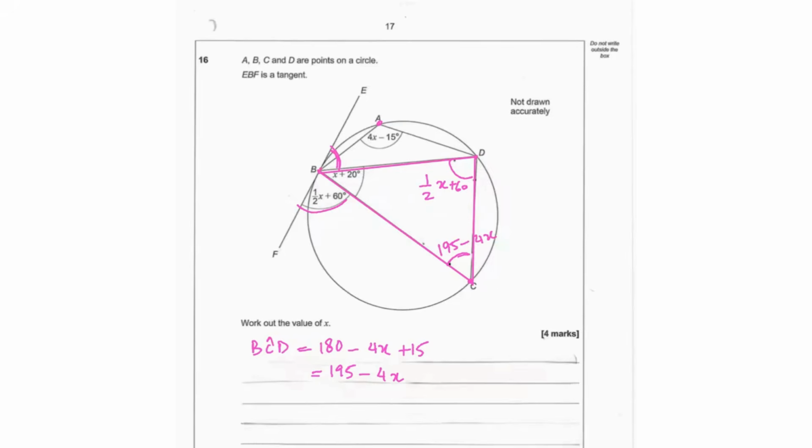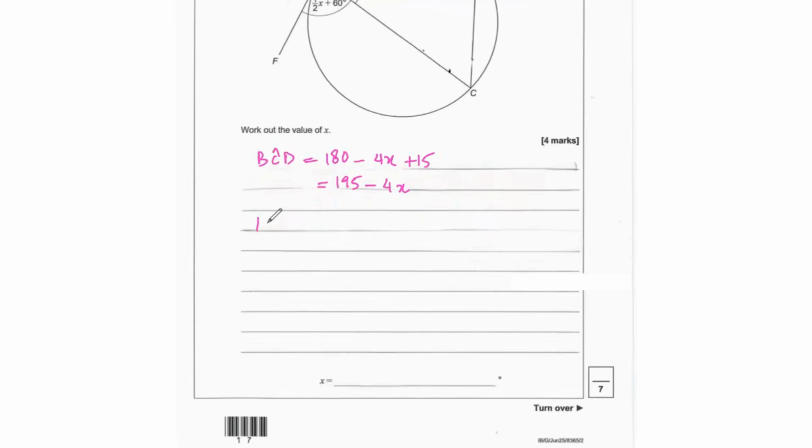So let's make the equation. That's going to be 180 equals 195 minus 4x plus x plus 20 and then plus half x plus 60. Combine all the like terms, so 180 equals 275.